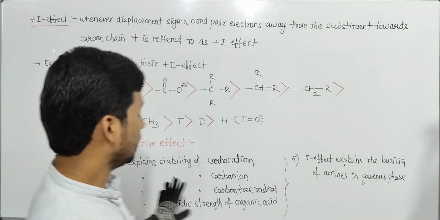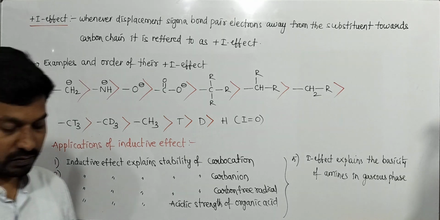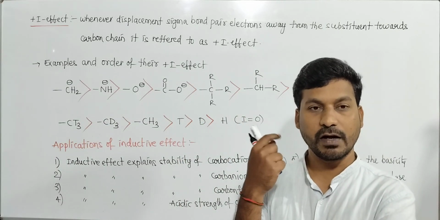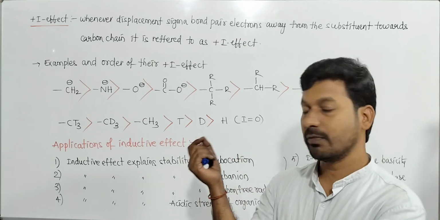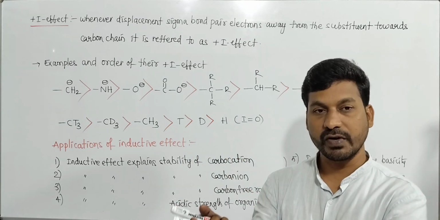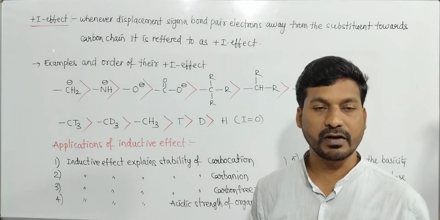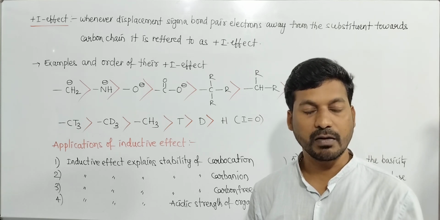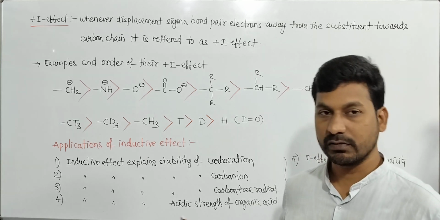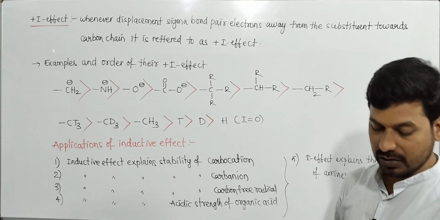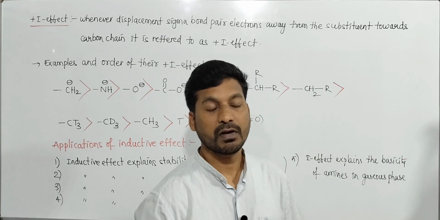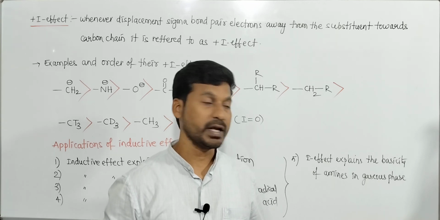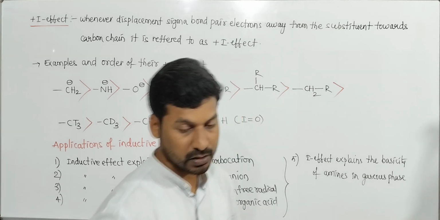Okay, so all these are applications of the inductive effect. With the inductive effect, we can explain the stability of carbocation, carbanion, carbon free radical, and we can explain the strength of organic acids. So which one is a strong acid and which one is weak, we can compare relative acidic strength. Then we can also understand the basic strength of amines in gaseous phase. Okay, take this one.